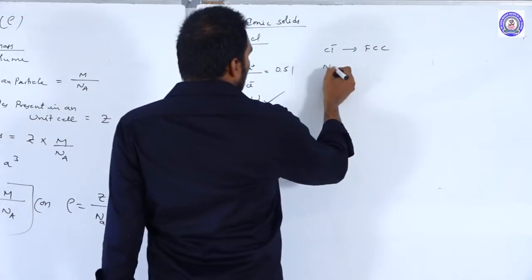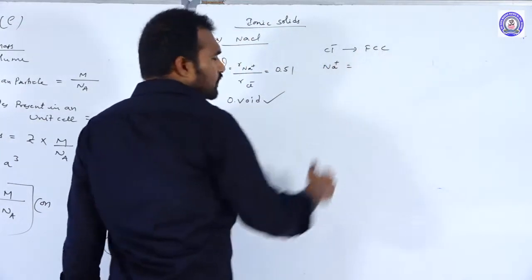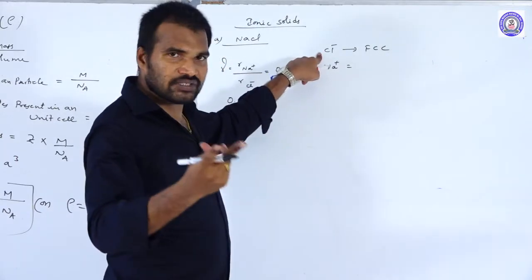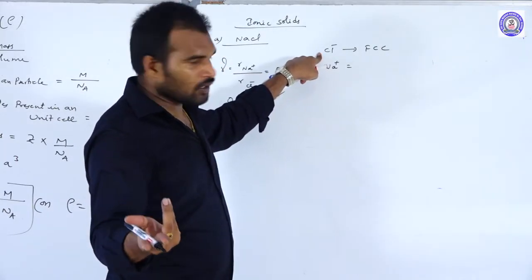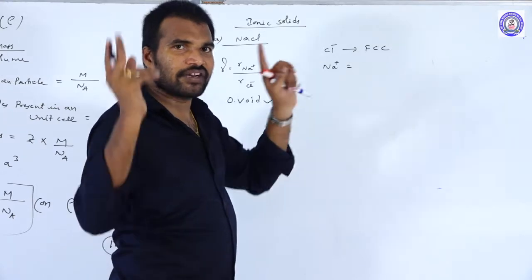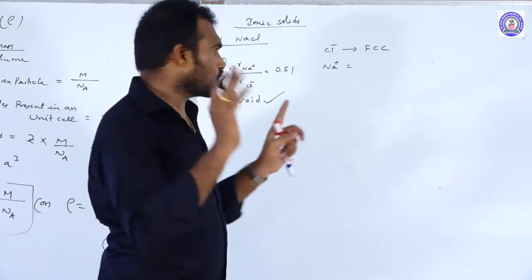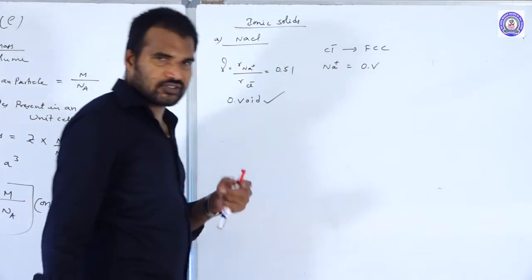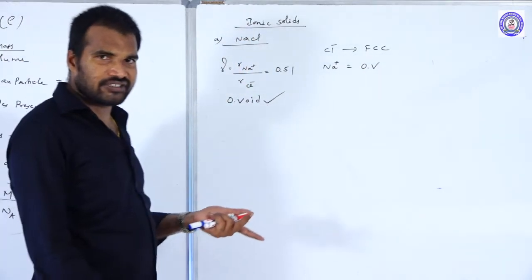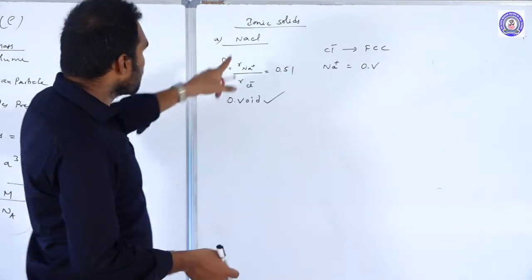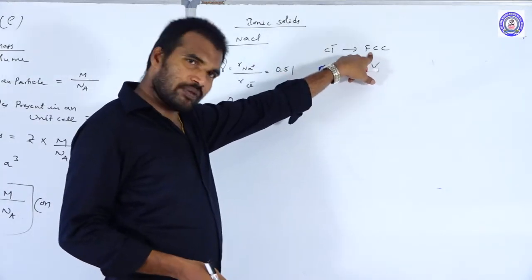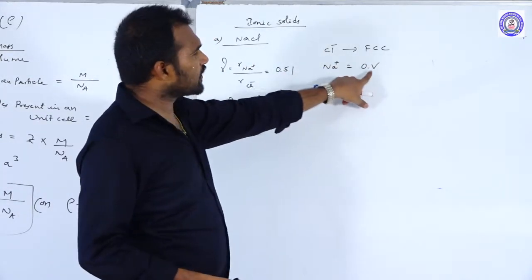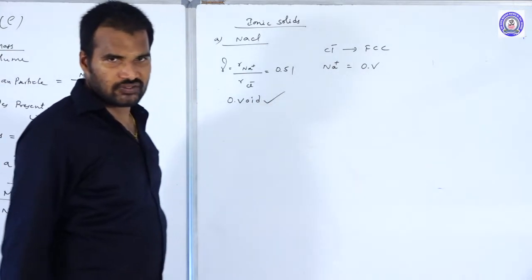The number of Cl- ions will be the Z value for FCC, 4. If 4 Cl- ions are present, definitely 4 Na+ ions are present. So that is why Na+ ions are occupying octahedral voids. The number of octahedral voids is equal to the Z value. That is why Cl- ions are forming the FCC lattice and Na+ ions are occupying the octahedral voids.